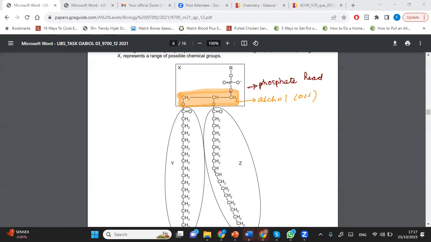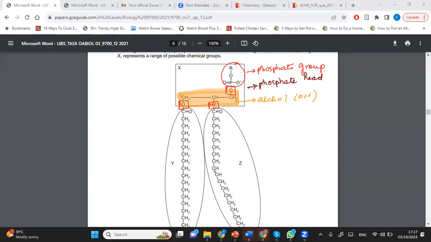Carboxylic acids are your fatty acids. Over here, the situation is slightly different. 2 of the OH groups are making a bond with the carboxylic acid. The third OH group is making a bond with our phosphate group. So the phosphate group and this alcohol, combined together, give us our phosphate head.